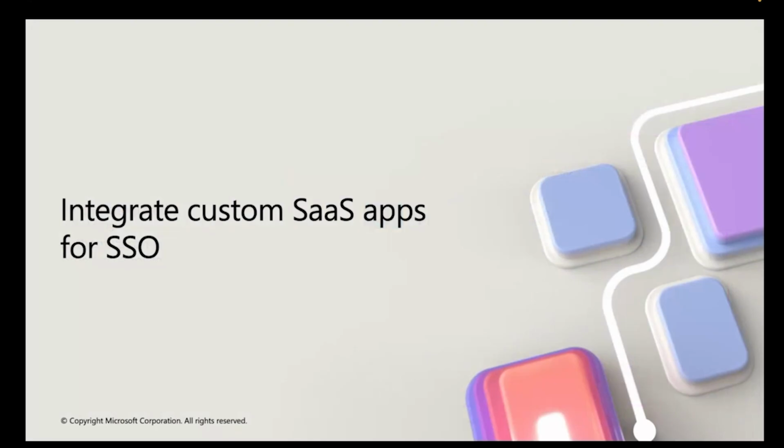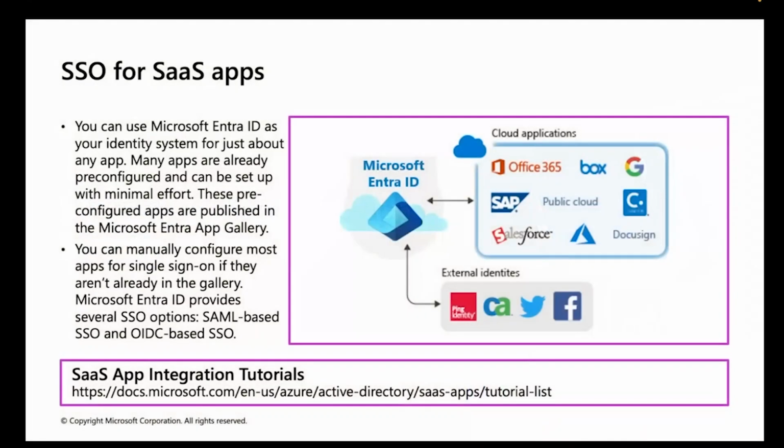Now, in another discussion, integrating custom SaaS applications for SSO, let's see what kind of components we see here. We can integrate custom SaaS applications for SSO. If you're going to use different kinds of third-party applications and you want to enable SSO there, definitely we can use Microsoft Entra ID as your identity system for just about any application.